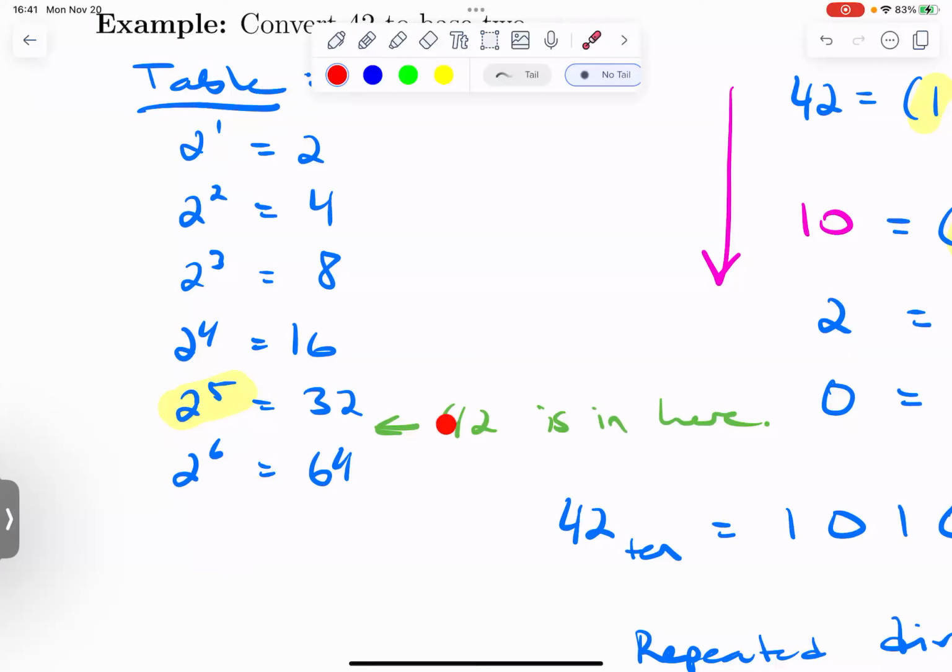If it's 42, then the largest number will always be in there. So 32 will always be in that number. Minus 32, and your method is write 1 here. You get 42 minus 32, and then you go to 2 to the power 4. 42 minus 32 is 10, and you can't minus 16 from 10, so you just skip it. You put 0 there. Okay. And then 10 minus 8, you get 2. So you put 1 there. 2, you can't minus 4. And then 2 minus 2 is 0.